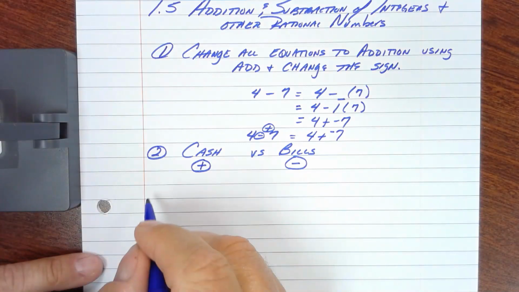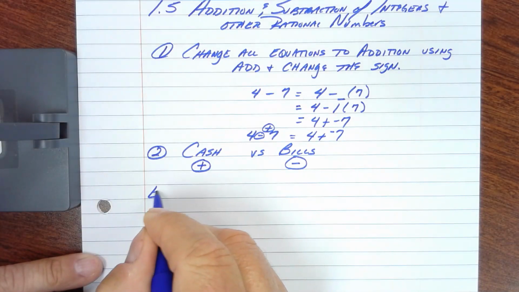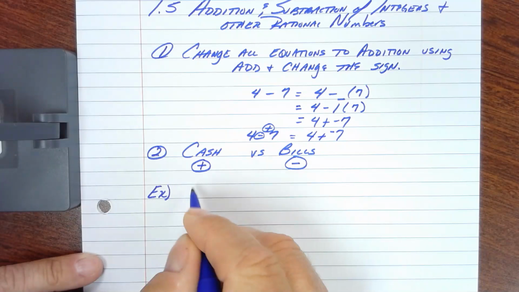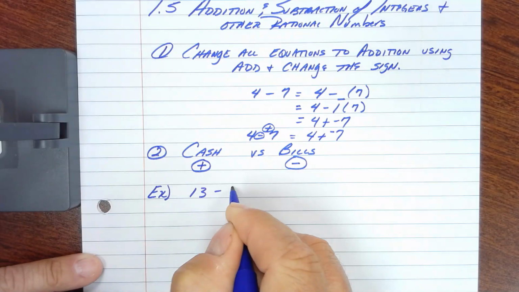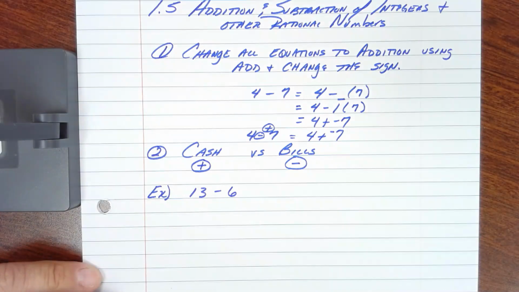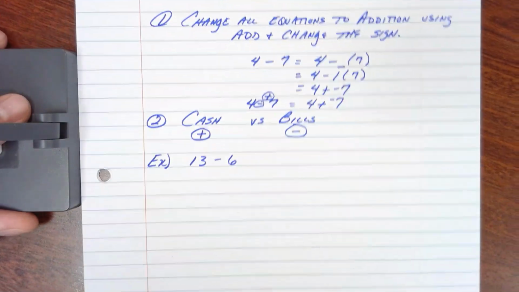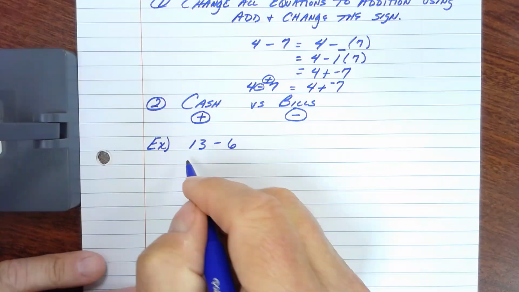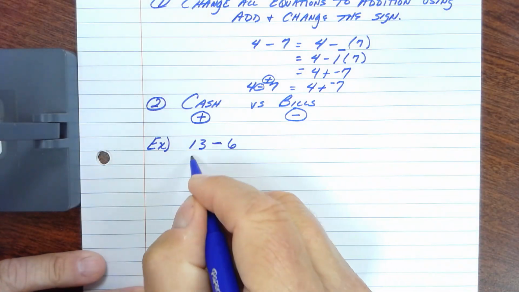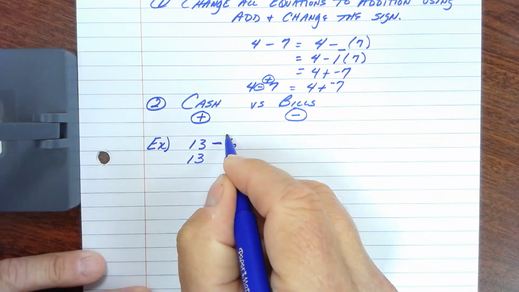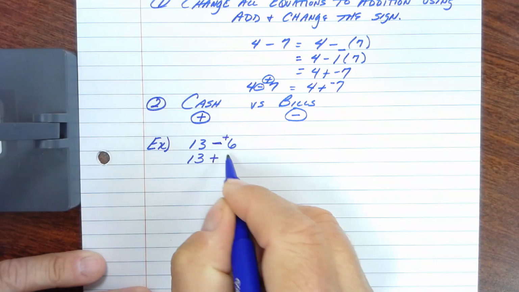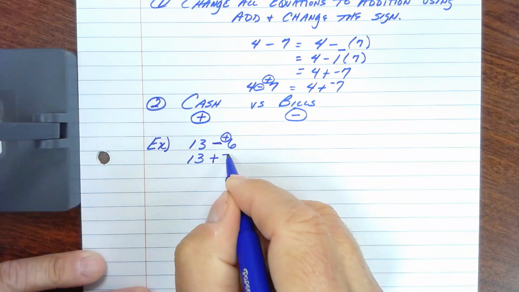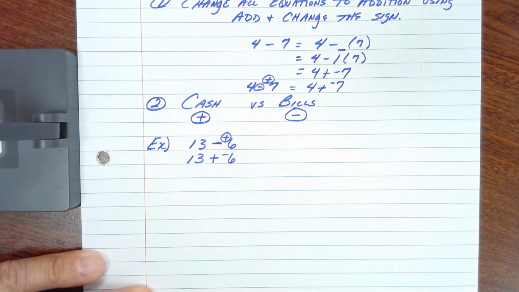So what we're going to do is this. We are going to have a problem. And I don't care if it's one that you can solve already or not. I'm going to ask you to do it all the same. You're going to take a minus sign and change it to plus, and you're going to change the charge of the second number.